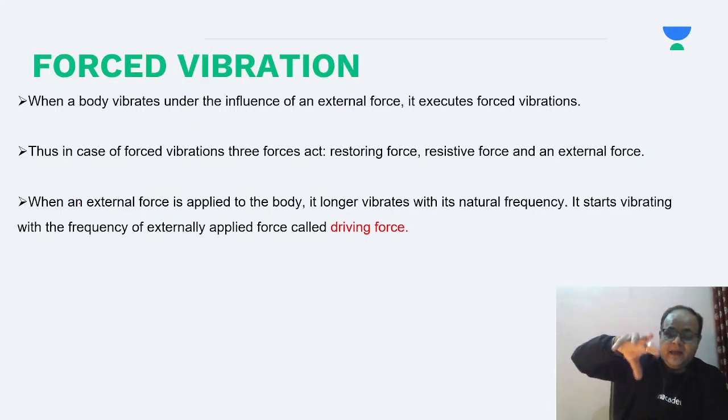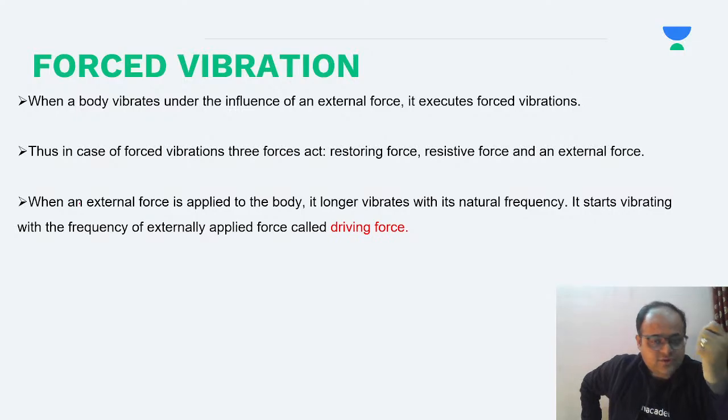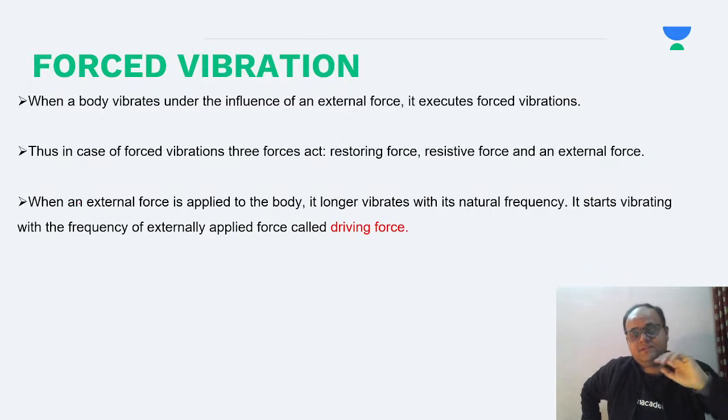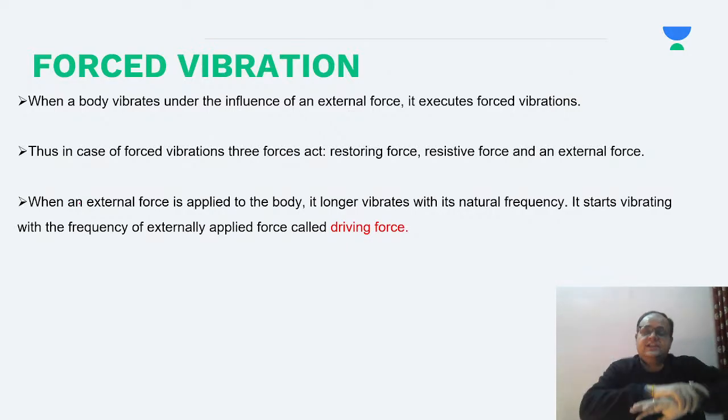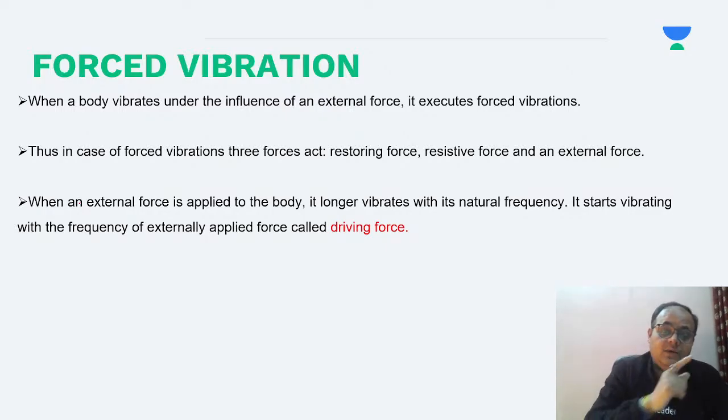So, despite 1 being the natural frequency, now Ayushi will be performing an oscillation at which frequency? At a frequency of 2 hertz. So what happens in case of forced vibrations? We have an external force and the body starts vibrating with the frequency of the external force.